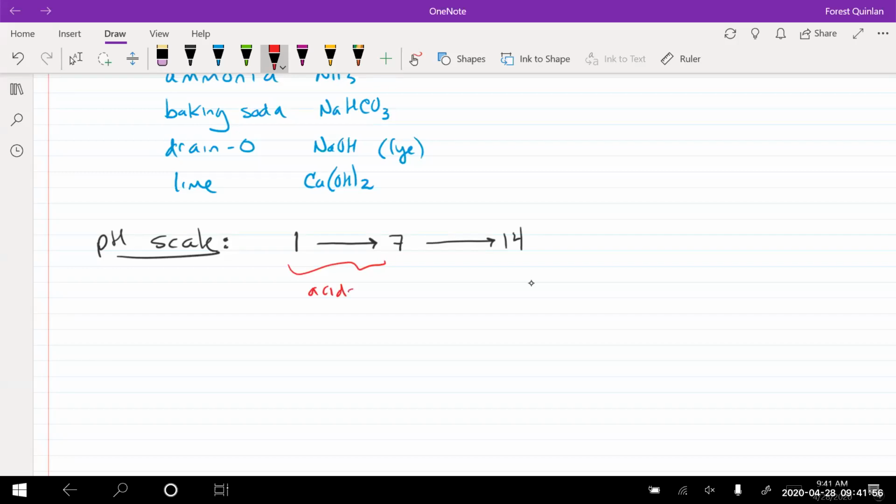Acids are small on the pH scale. Bases are big on the pH scale. Which means, who's this guy right in the middle? Well, we know an acid and a base, what do they do? They neutralize. So 7 is what we call neutral. So acids are small, bases are big, 7 is neutral.